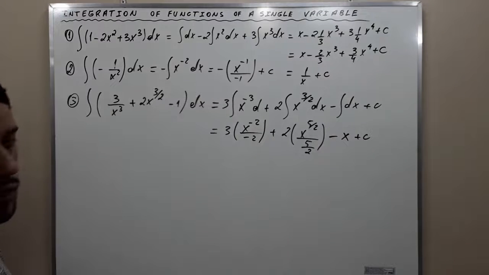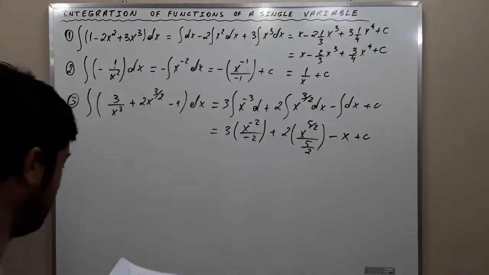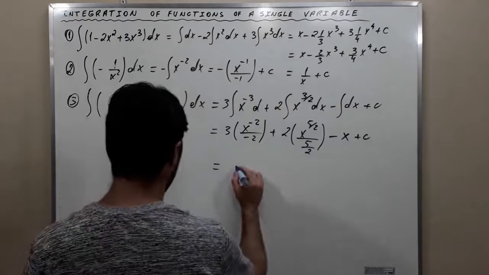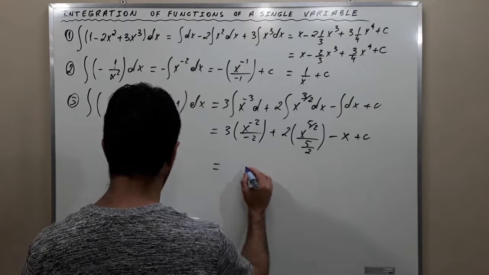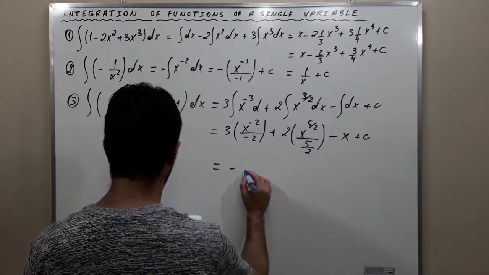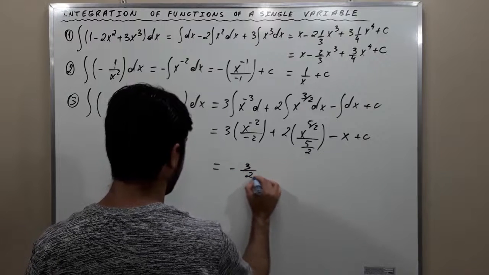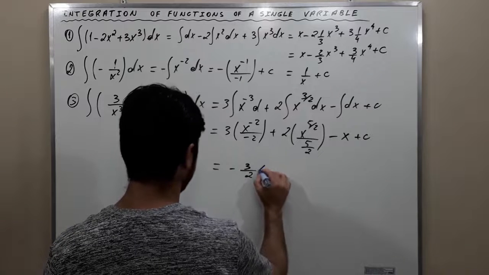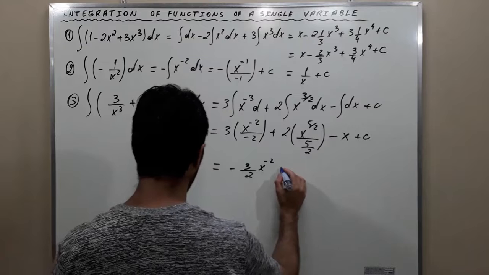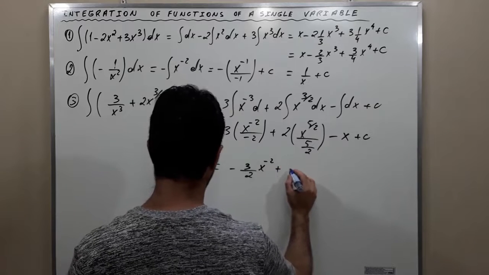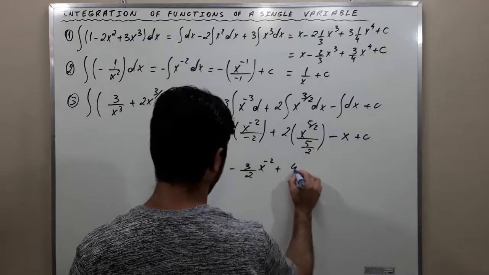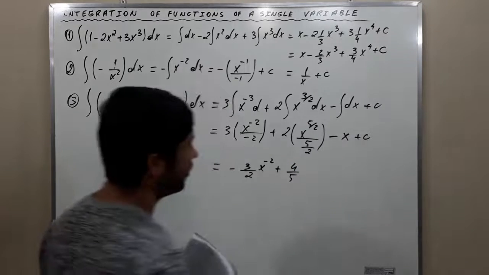And if we simplify it a little bit more, we get that this is equal to the negative of 3 halves of x to the negative 2 plus 4 over 5, okay?